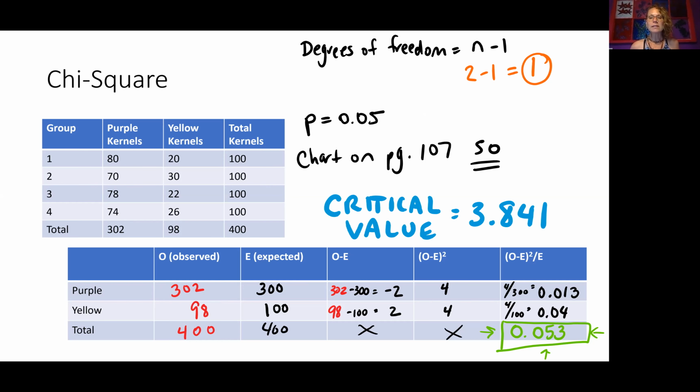Okay, this is what we're doing. We're going to compare our critical value with our calculated chi-square. That green number at the end of our chart is our chi-square value, 0.053. We need to compare that to the critical value of 3.841 that we got out of our chart on page 107. This is how you do the comparison.